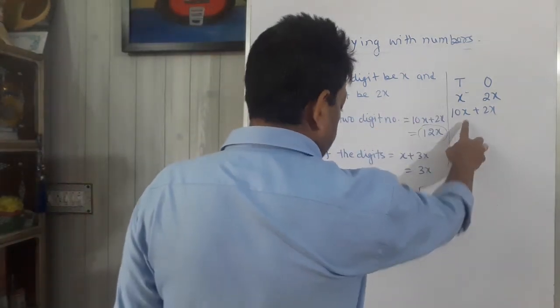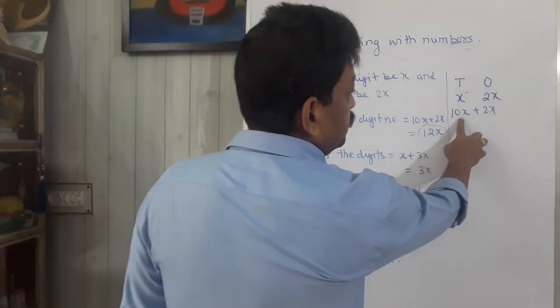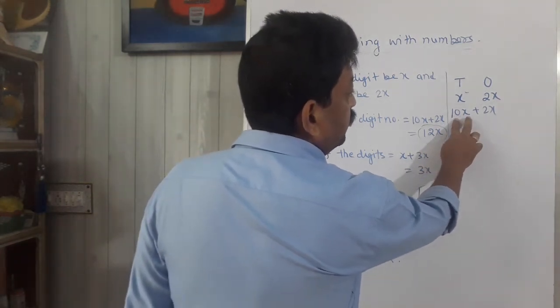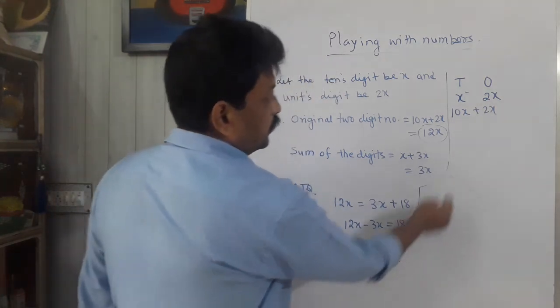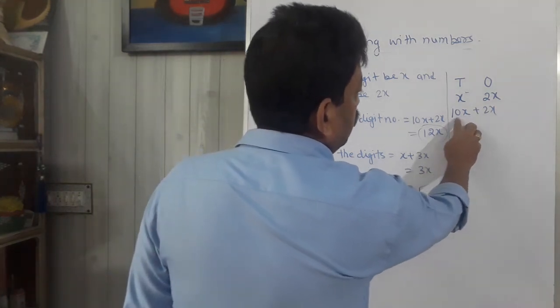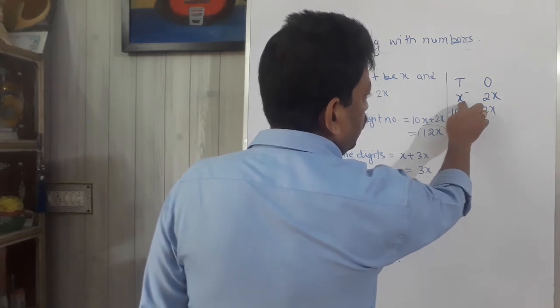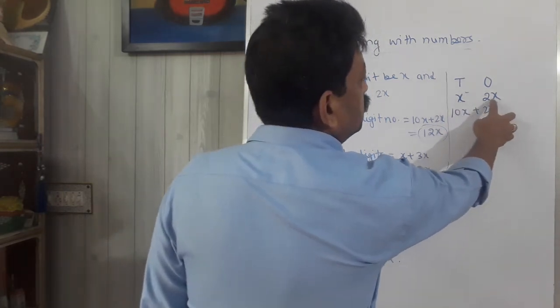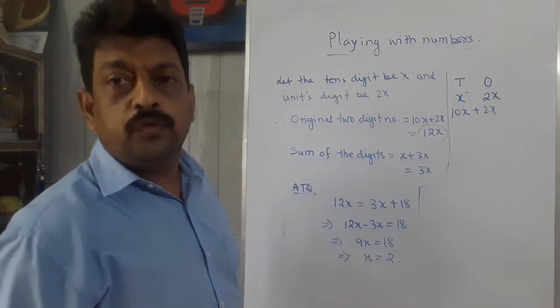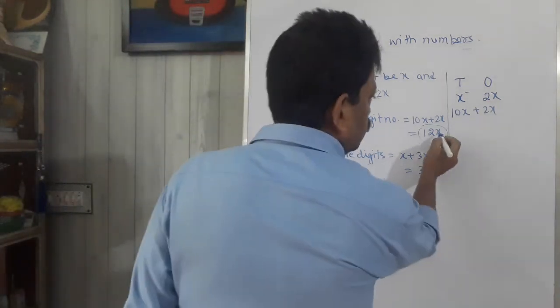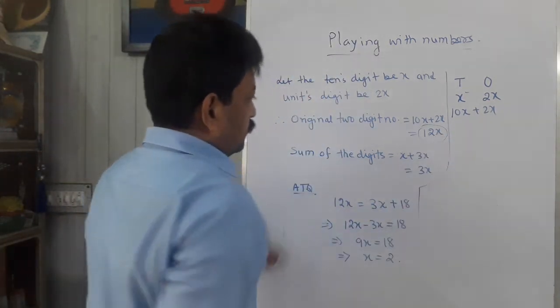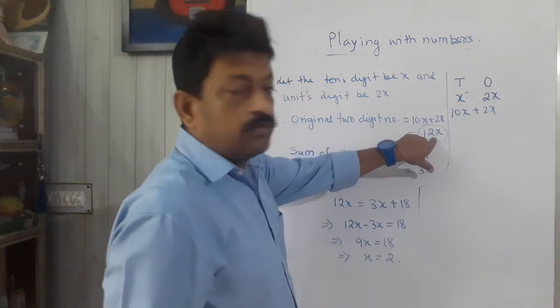So we have got the value of x. So what is the tens digit? The tens digit will be x, that is 2, and the ones digit will be 2x, that is 2 into 2, 4. So we can also put the value of x here because this is the original two-digit number, 12x.